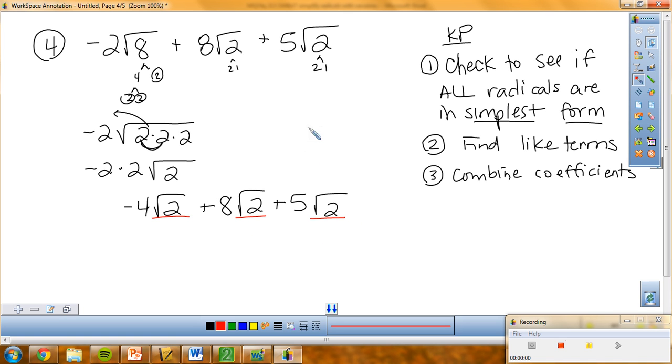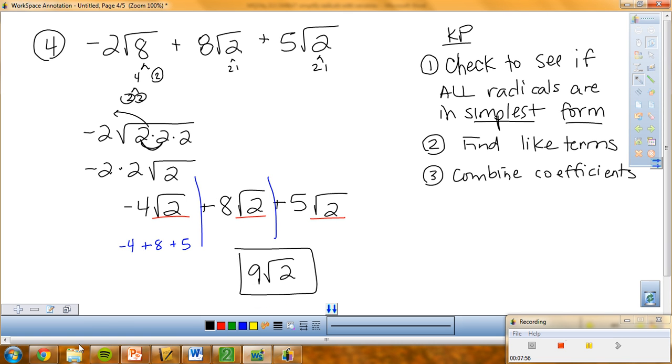Same index, same radicand, so I can combine these all up. If I need to draw my lines between my terms to help me break it apart, I have a negative 4 plus 8 plus 5, which is going to give me a 9, and then I keep my square root of 2, and that is my final answer.